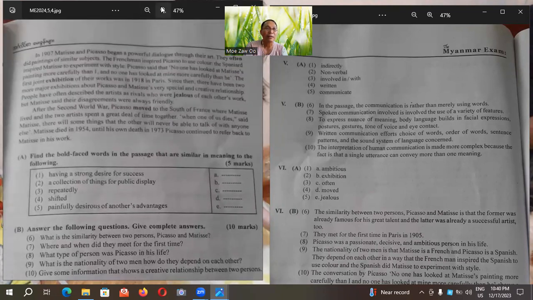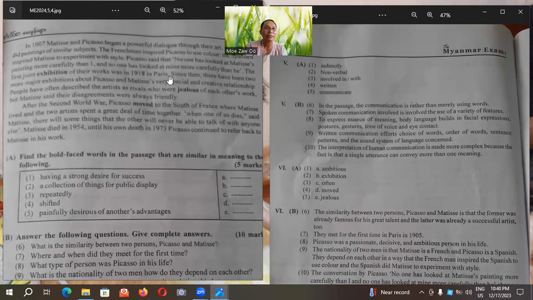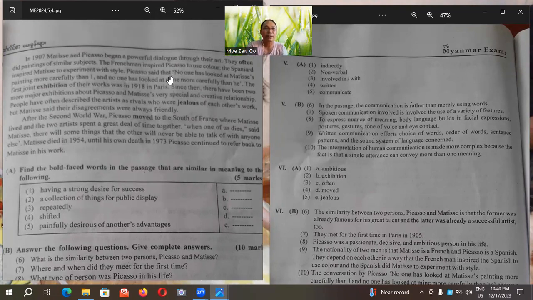In 1907, Matisse and Picasso began a powerful dialogue through their art. They often did paintings of similar subjects. The Frenchman inspired Picasso to use color.